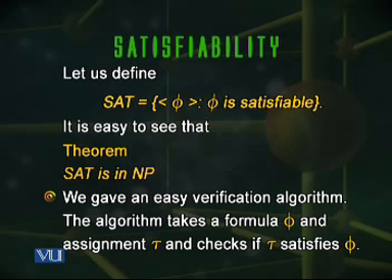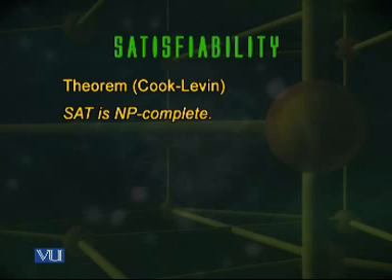So we saw that satisfiability is in NP. Now the Cook-Levin theorem asserts that satisfiability is NP complete. If you recall the definition of NP complete, there were two requirements. First of all, the language must itself be in NP, and we have already shown that for satisfiability, so we are done with that part of the proof.